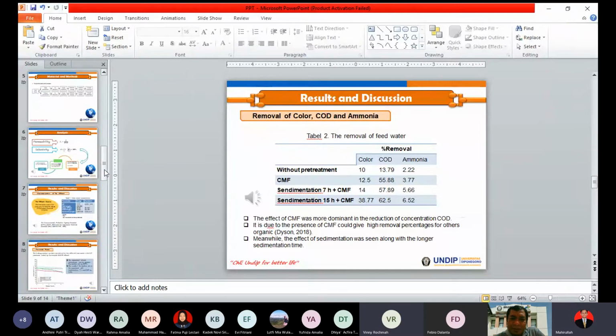Or did you? Yes, I did the TDS, but as you know, the ultrafiltration has no effect on TDS, sir. Ultrafiltration has no effect on TDS change. But if you use reverse osmosis, the TDS will change.